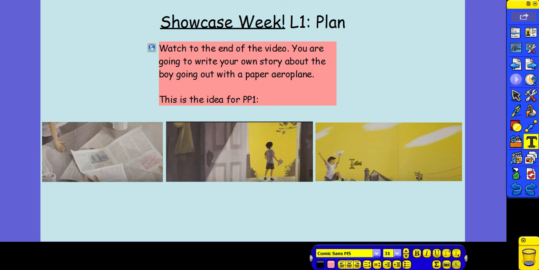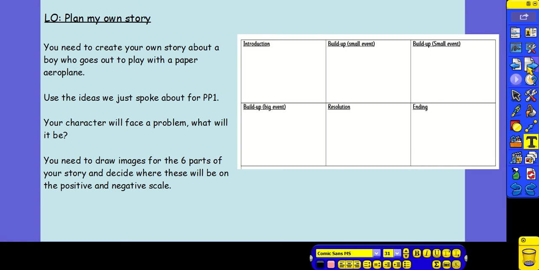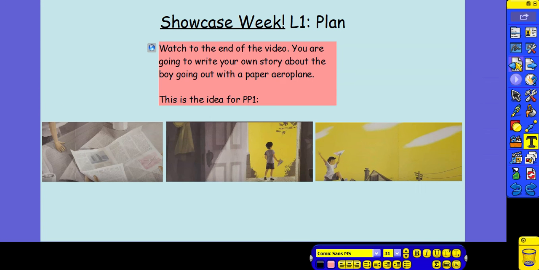So that is going to be the beginning now of your story. So you need to create your own story about a boy who goes out to play with a paper aeroplane. Use the ideas we just spoke about for plot point 1. So this is going to be your plot point 1, or certainly these two pictures.